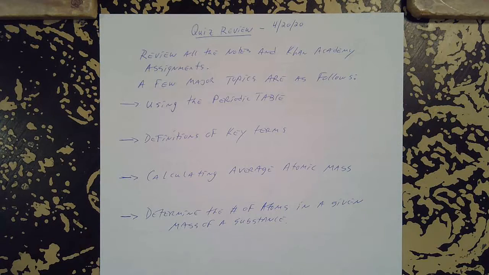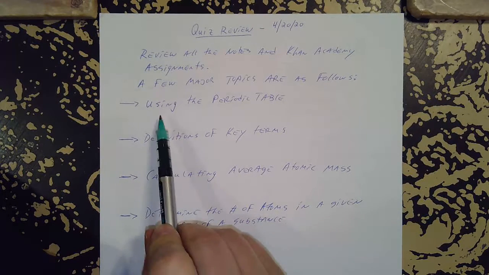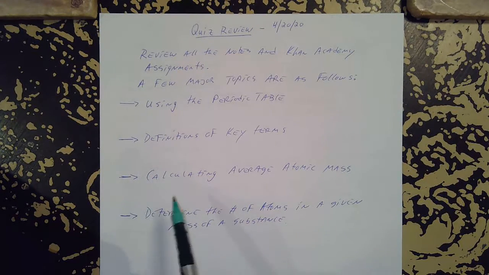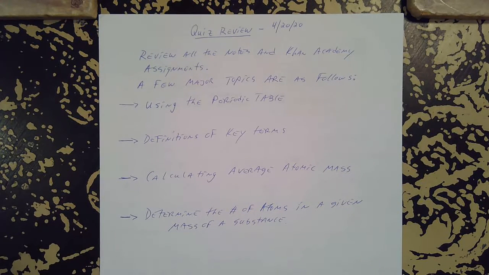But a little more focus on using the periodic table, definitions of key terms, calculating the average atomic mass, and determining the number of atoms in a given mass of a substance.